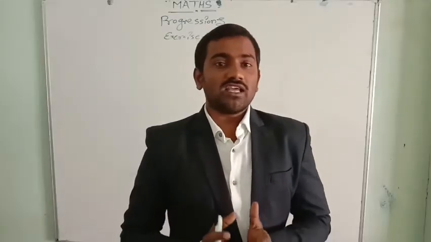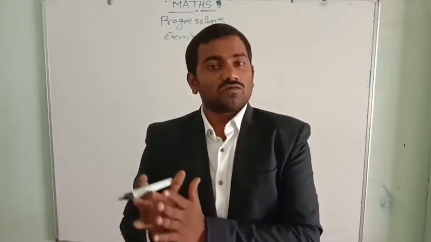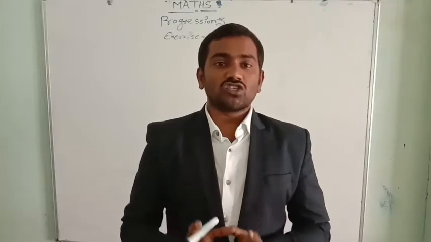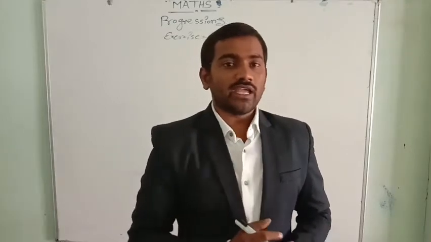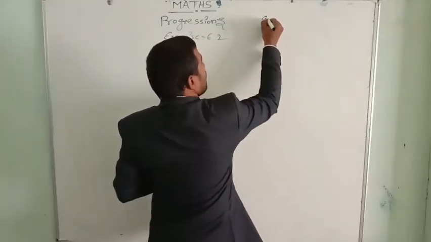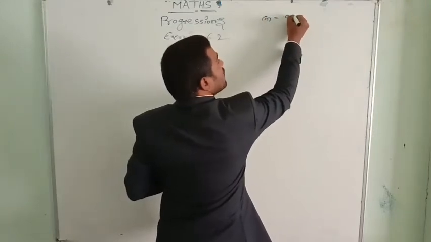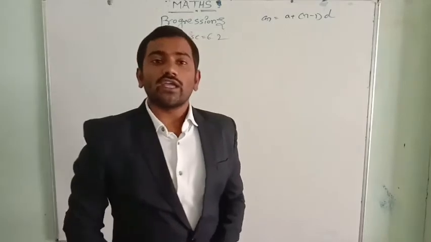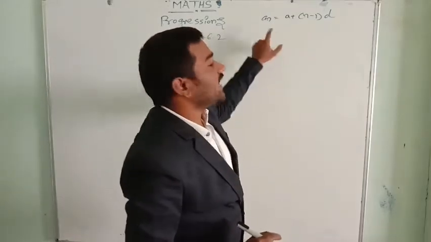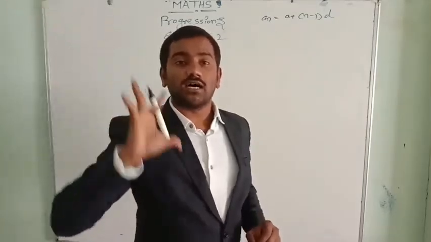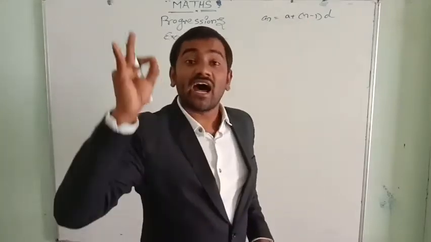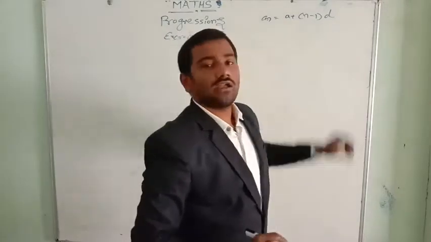I'll try to explain the problems from this exercise. All these problems are based on the same formula: an, the nth term, equals a plus n minus 1 into d. Here we need to learn what each is: an is the last term, a is the first term, n is the number of terms, d is the common difference.